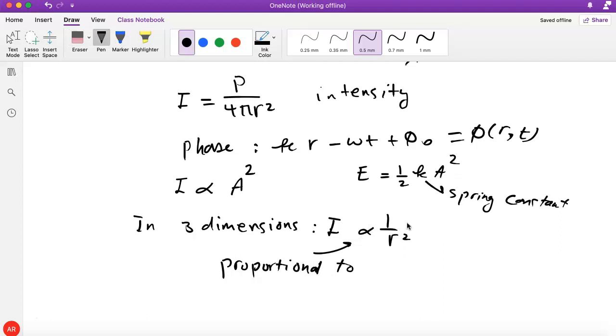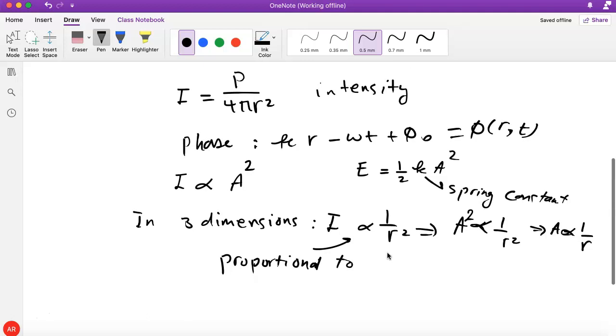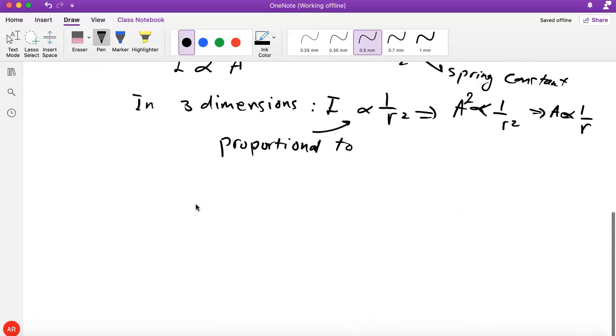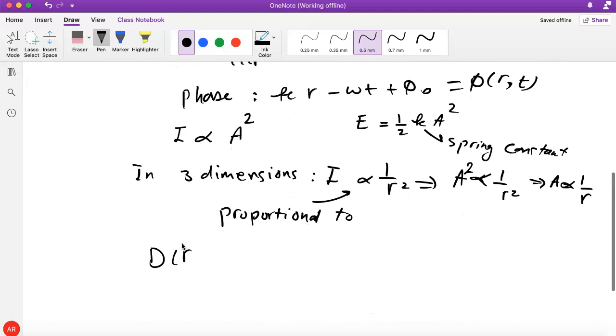Therefore, a squared, which itself is proportional to I, is proportional to 1 over r squared, and that means that a is proportional to 1 over r. So we can think of this wave in 3 dimensions as some constant, let's call it b, over r times sine of the phase.